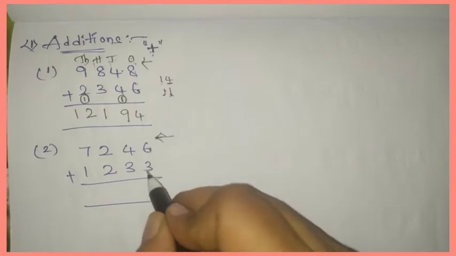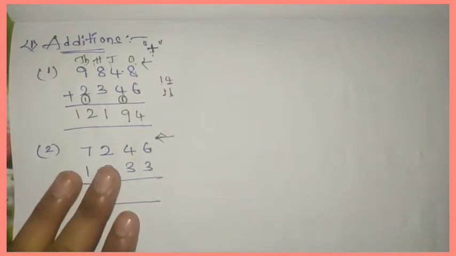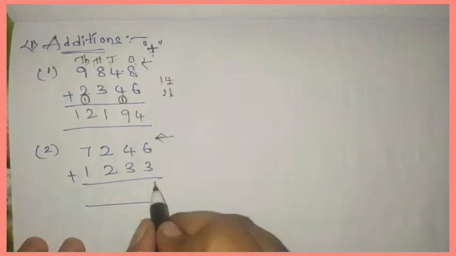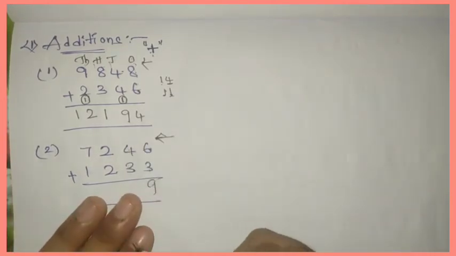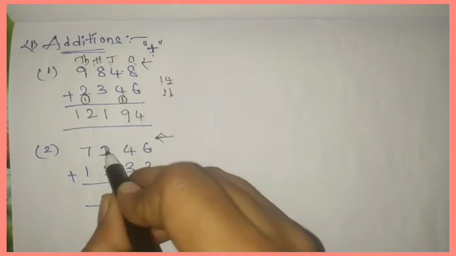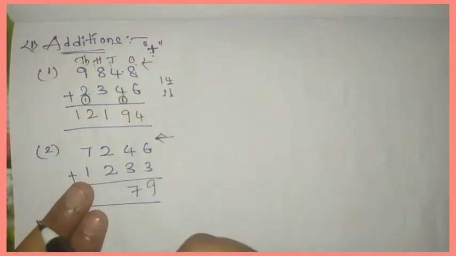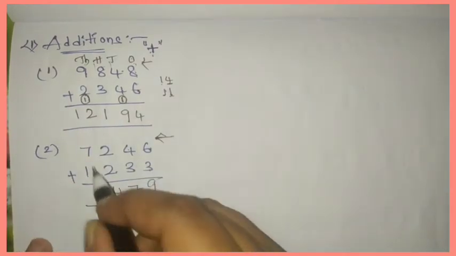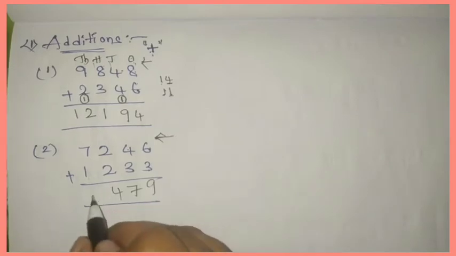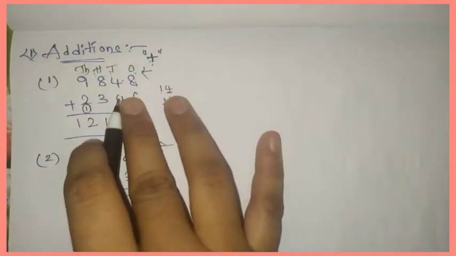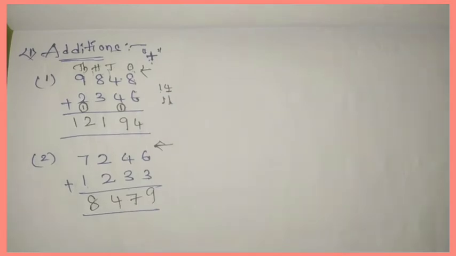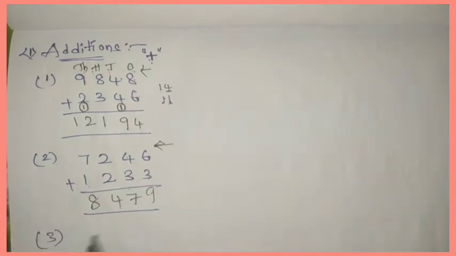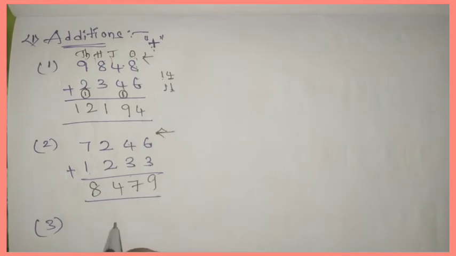Keep 6 in your mind and open your 3 fingers. 6, 7, 8, 9. 4 plus 3, 4, 5, 6, 7. 2 plus 2, 3, 4. 7 plus 1, 8. Here we took carries, here not. Okay. Next, one more example.